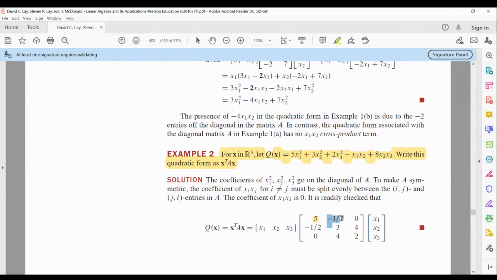Here's the matrix A. And you see the negative halves there across the diagonal. Why are they there? Why do you have negative halves in those spots?